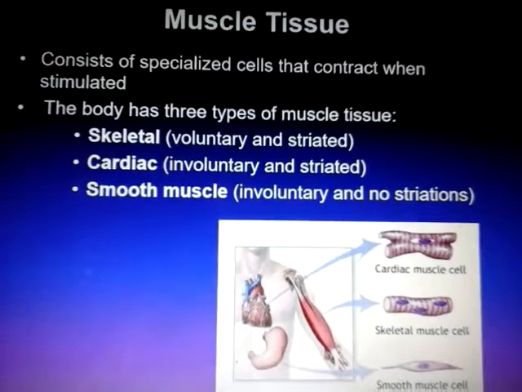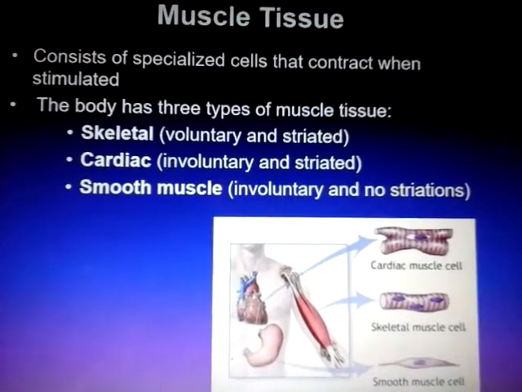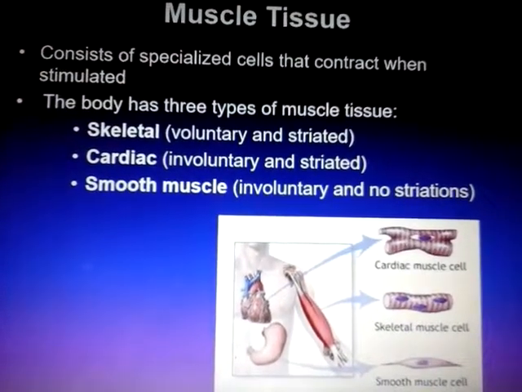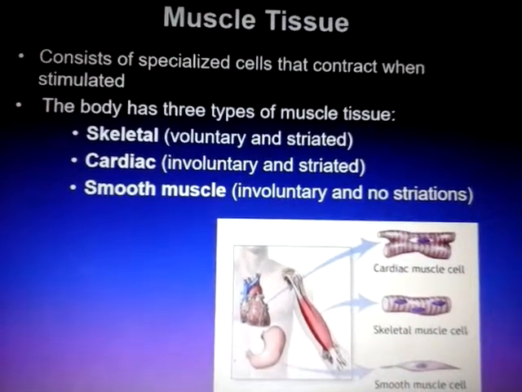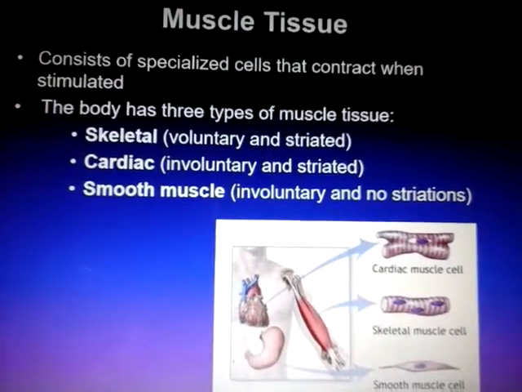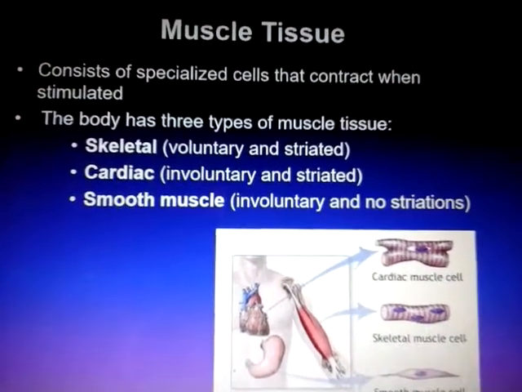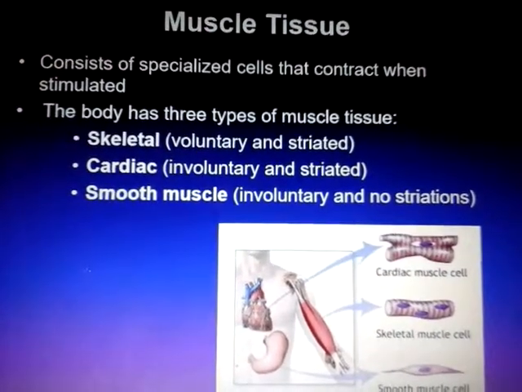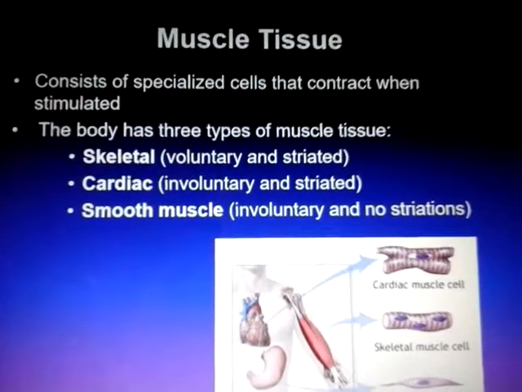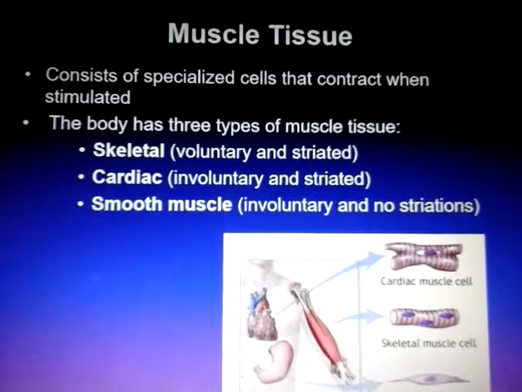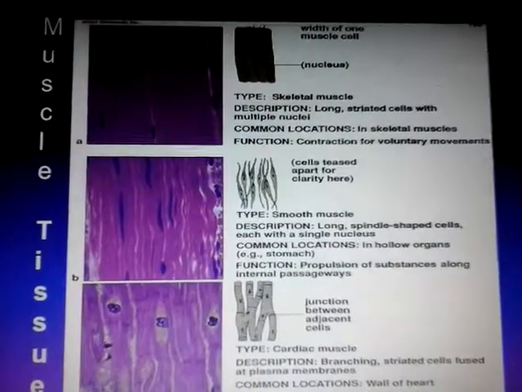Peristalsis means to pulse. All smooth muscle does that, and that's to help push whatever it is through the hollow organ, with the exception of cardiac muscle, which is in the heart.